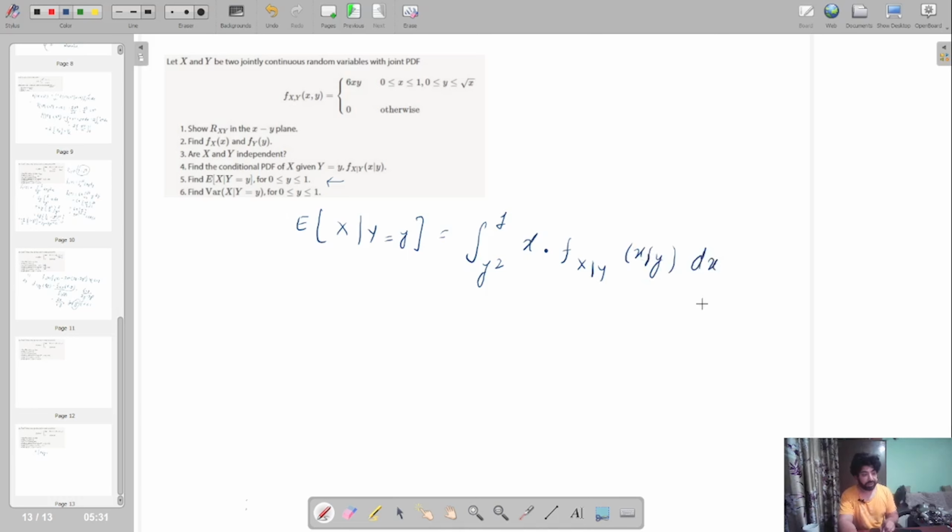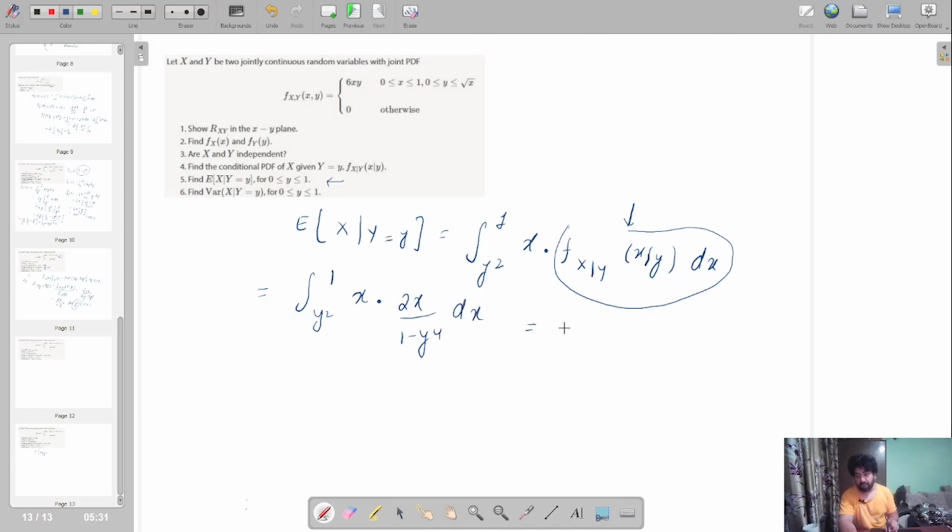We calculated the value for this just above, so I can substitute it here: the integral from y² to 1 of x times 2x/(1 minus y^4) dx.